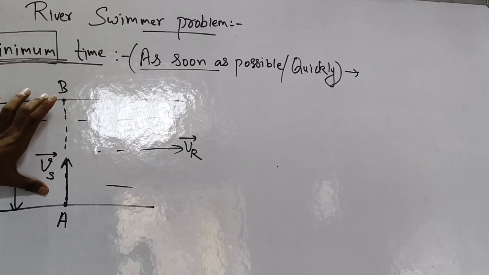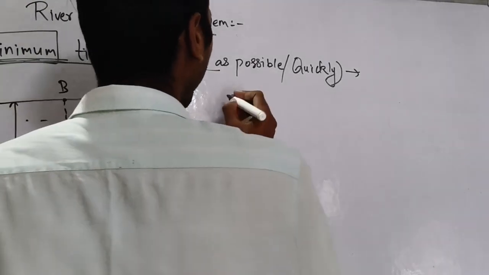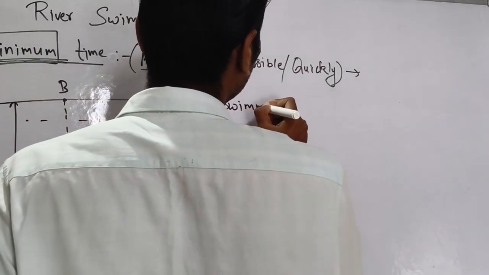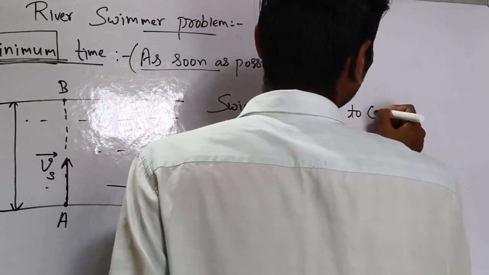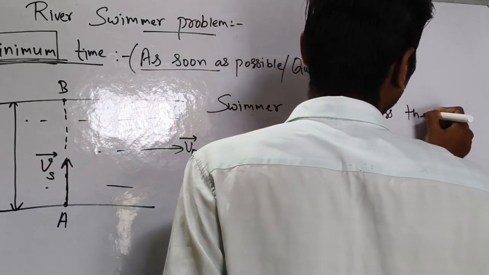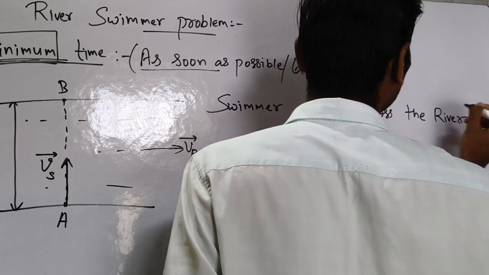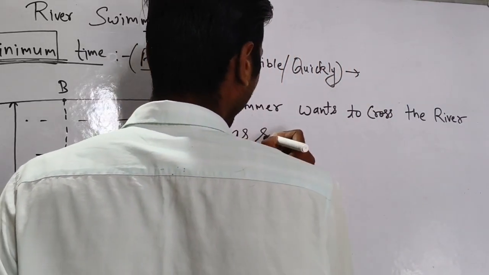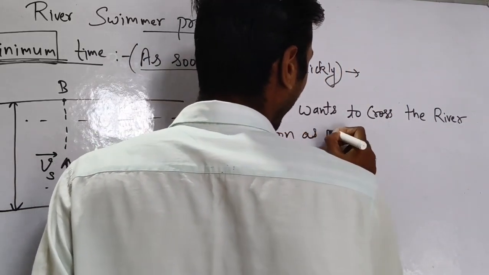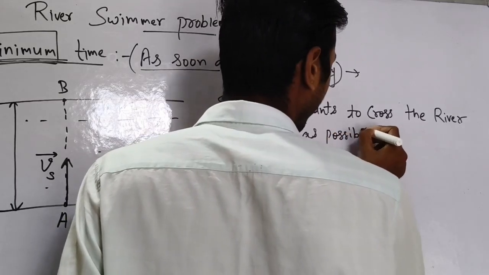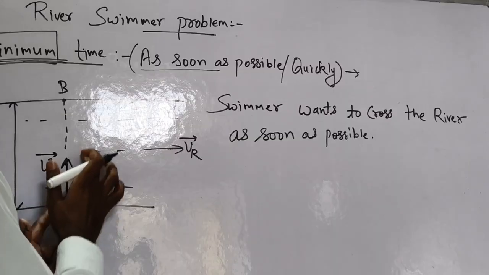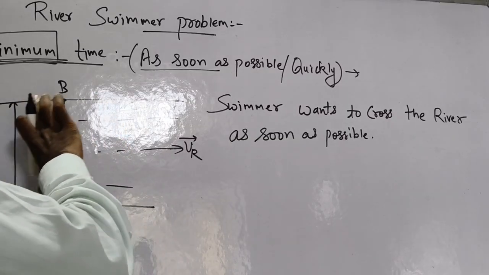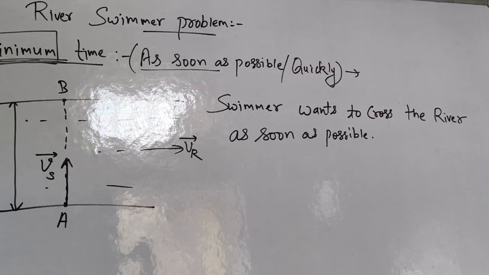Swimmer wants to cross the river as soon as possible. It means the swimmer wants to cover this width as soon as possible.